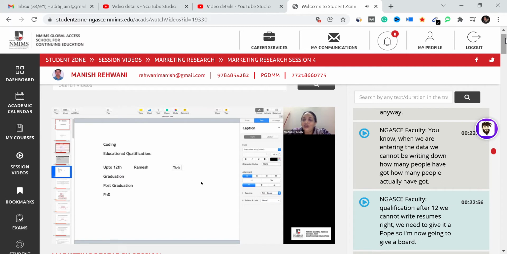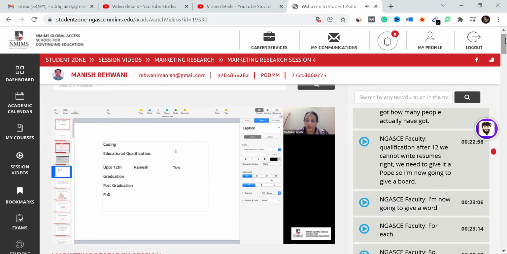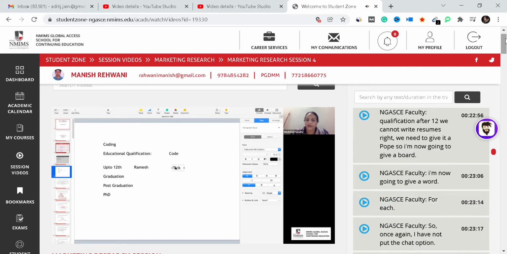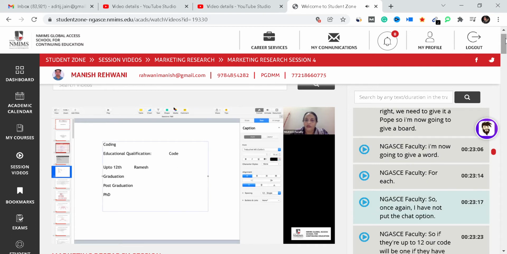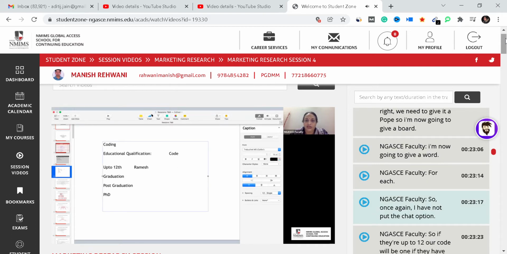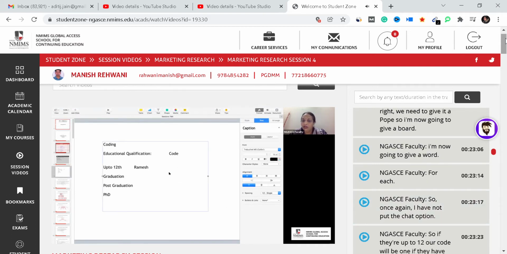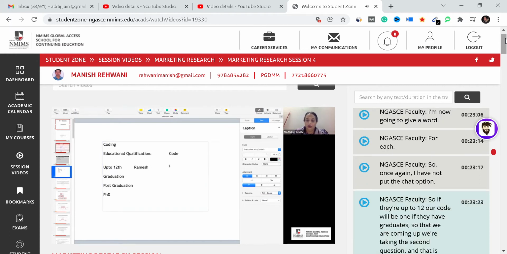We need to give it a code. So I'm now going to give a code for each. One second, I have not put the chat option there. If they are up to 12, our code will be 1.